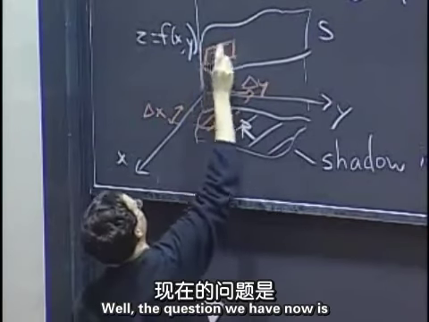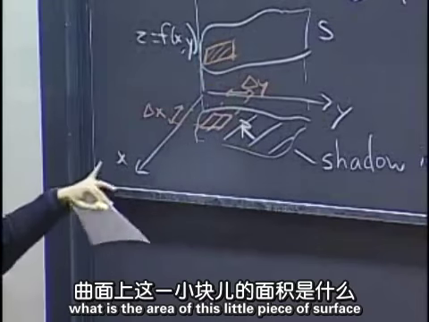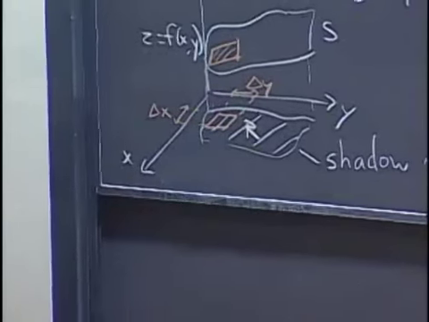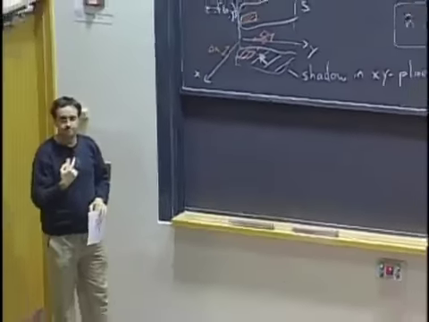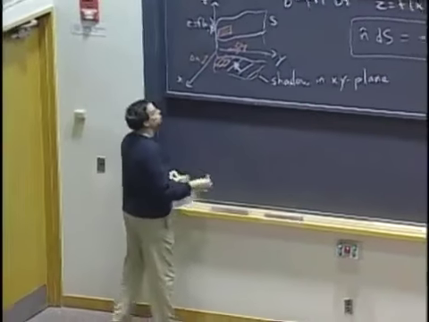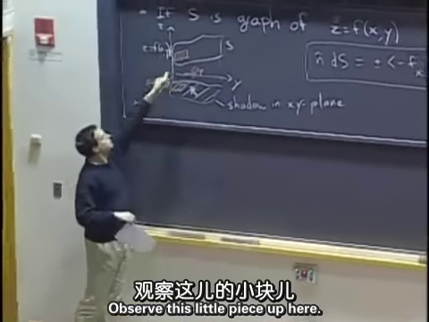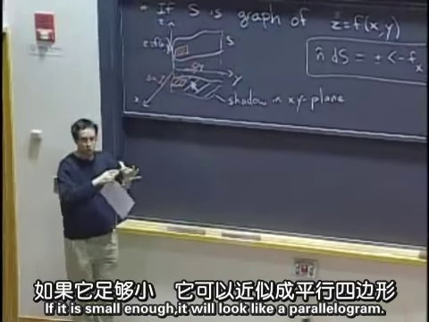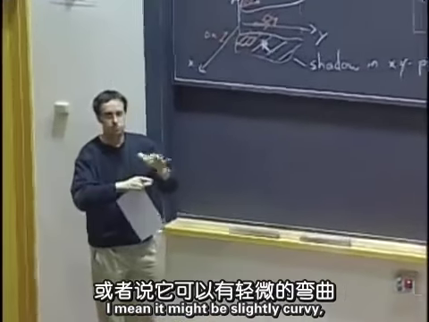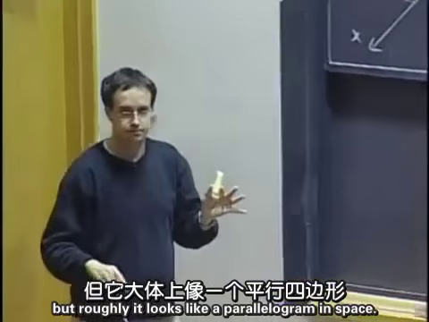Well, the question we have now is, what is the area of this little piece of surface, and what is its normal vector? So observe this little piece up here. If it's small enough, it will look like a parallelogram. It might be slightly curvy, but roughly it looks like a parallelogram in space.